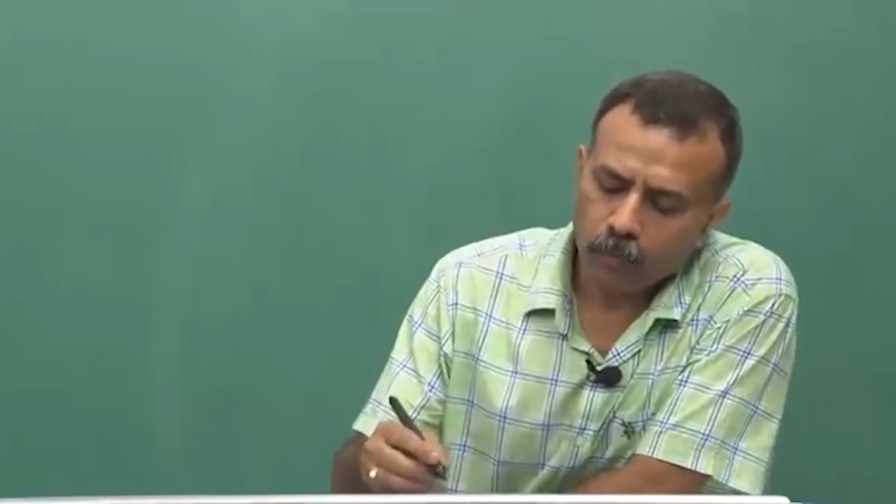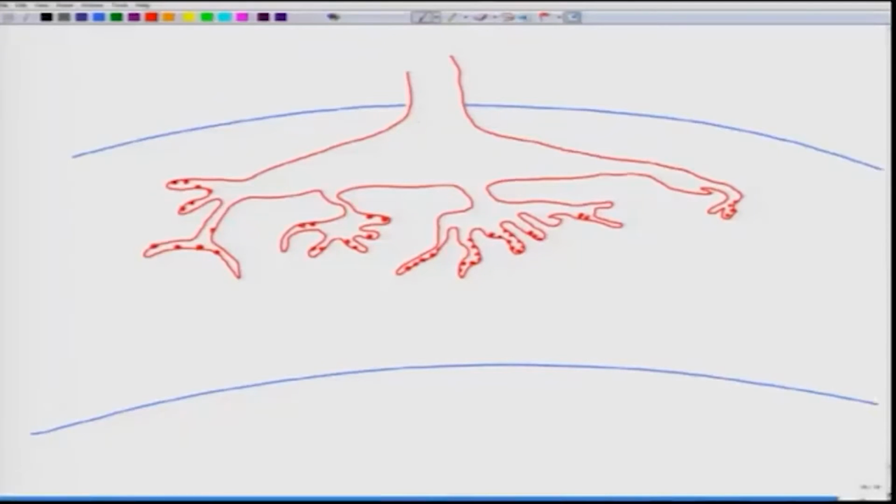Now, suppose a train of action potentials arrives here. These ends of the neuron contain synaptic vesicles.